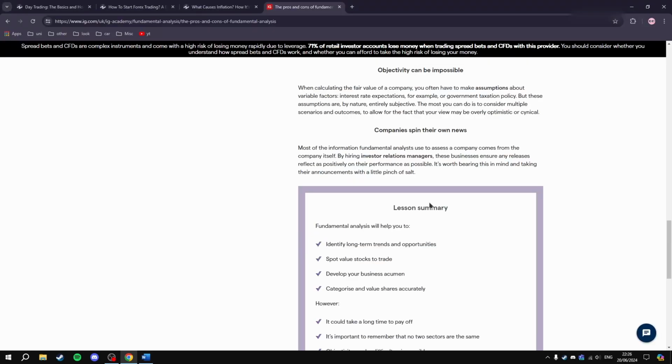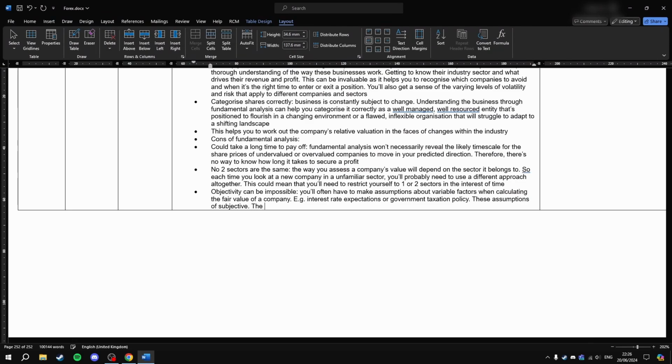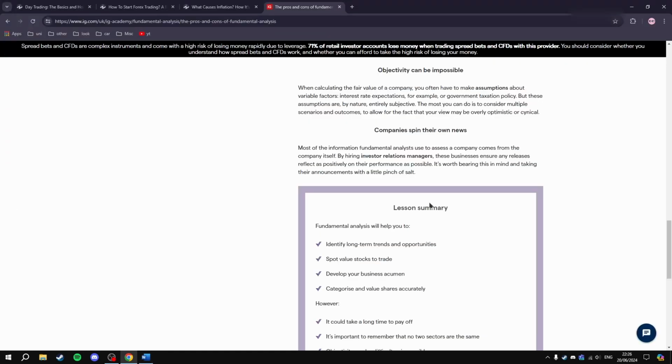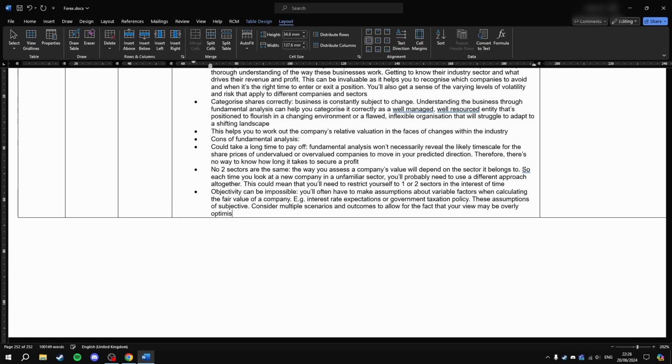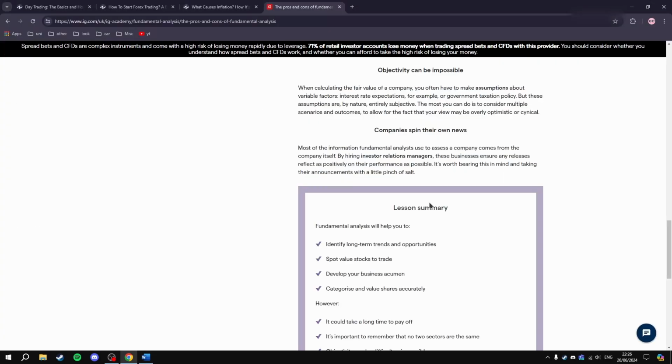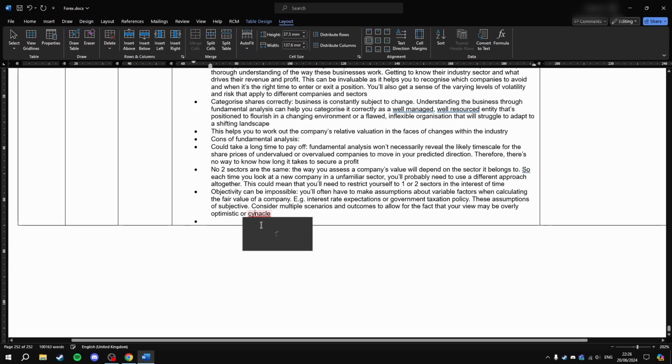The most you can do is consider multiple scenarios and outcomes to allow for the fact that your view may be overly optimistic or cynical.